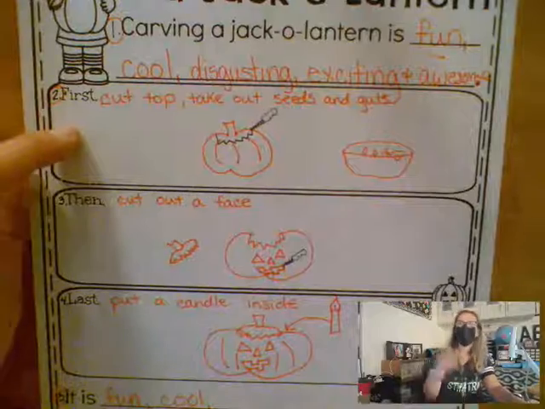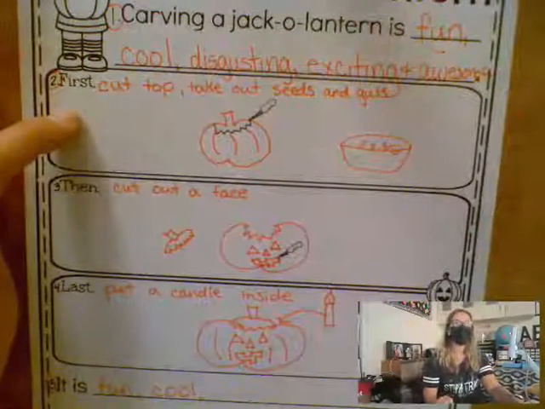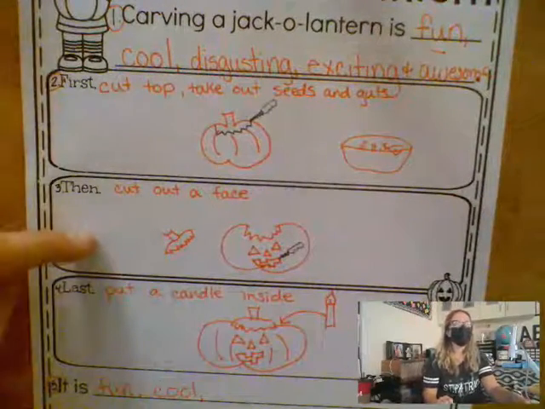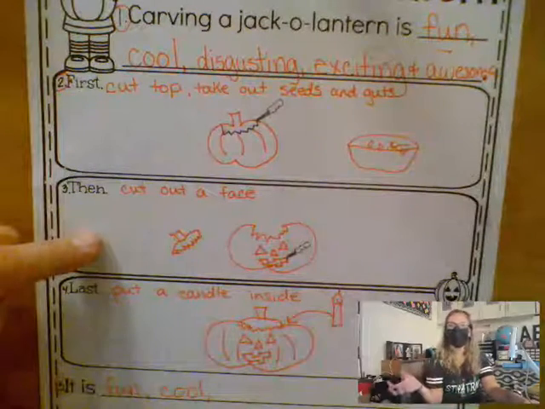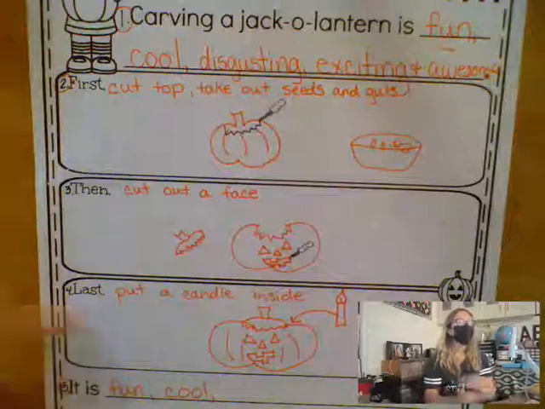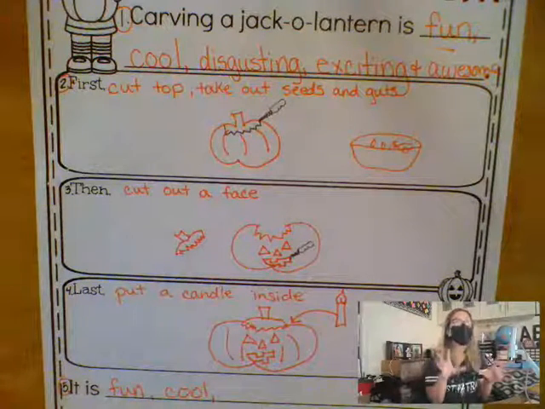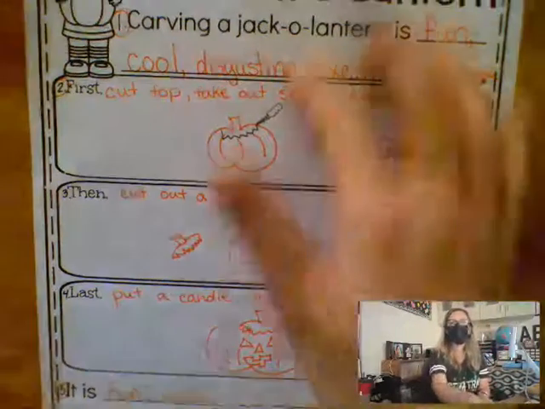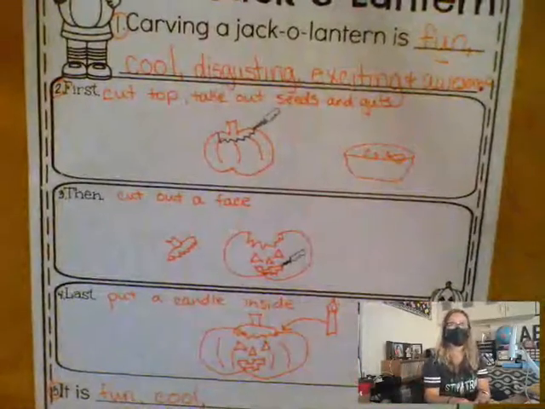Maybe you want to say first you wash the pumpkin, or first you pick the pumpkin from the patch. Then you cut off the top and take out the guts and carve a face. Then you put in a candle and put it on your front porch. It's totally up to you. You say what you want to. This was just an example that I showed you.